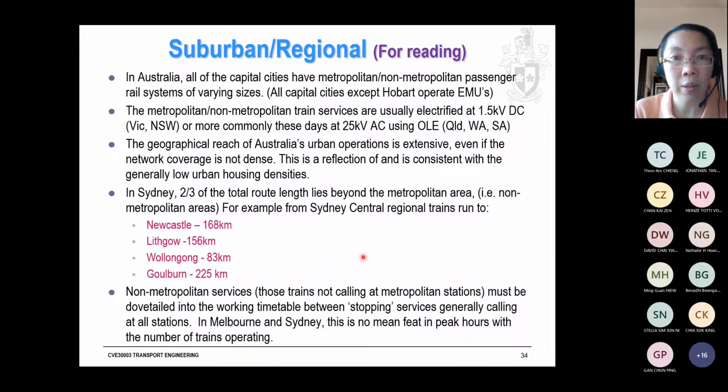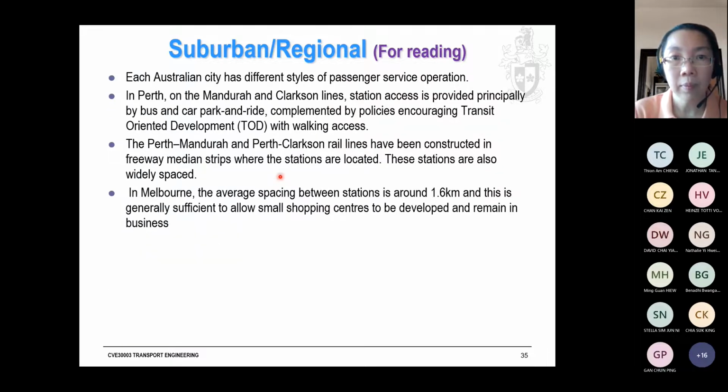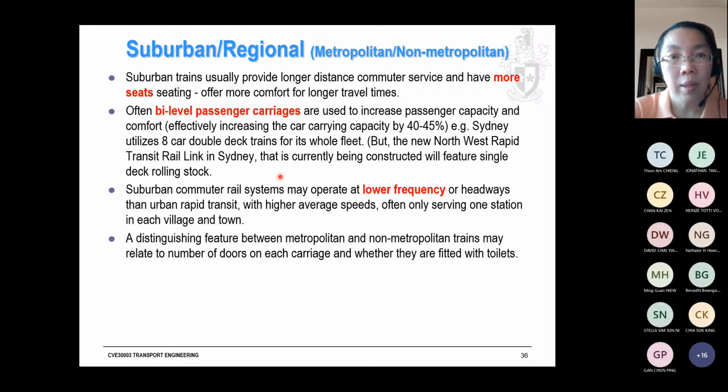Okay, so this is for reading. This is specific suburban regional travel, specifically for Australia. So the characteristics here is that for suburban and regional travel, they have more seats offering because of the longer travel distance, travel time. Okay, and we also may have bi-level passenger carriages, two level, double decker, to increase passenger capacity.